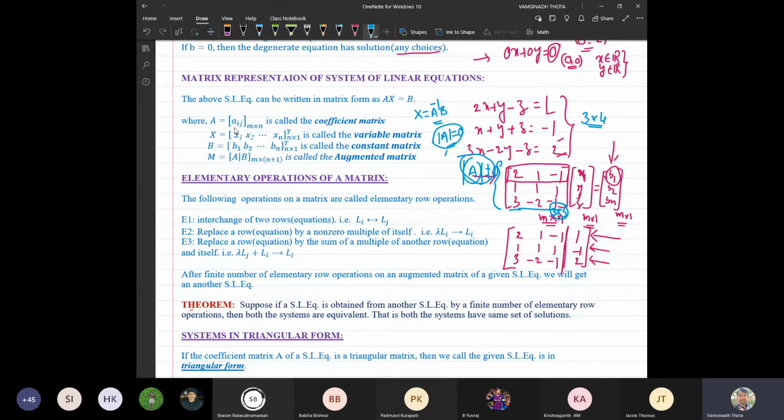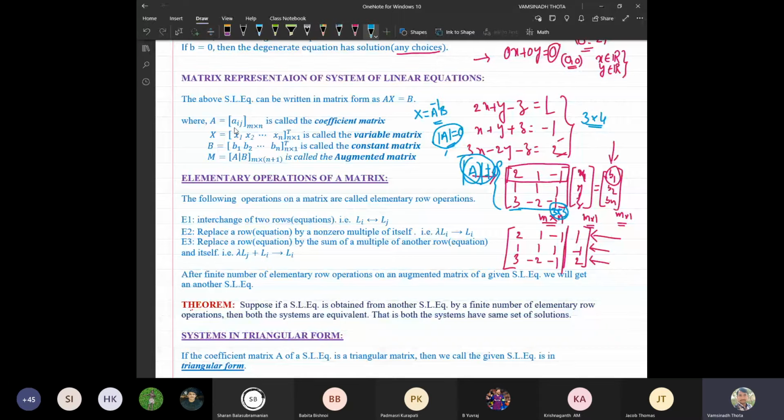The inverse method is not applicable straight away, not even Cramer's method. In this case, what do you need to do? You need some other algorithms, some other techniques. So what are the techniques? That is what we are going to see.